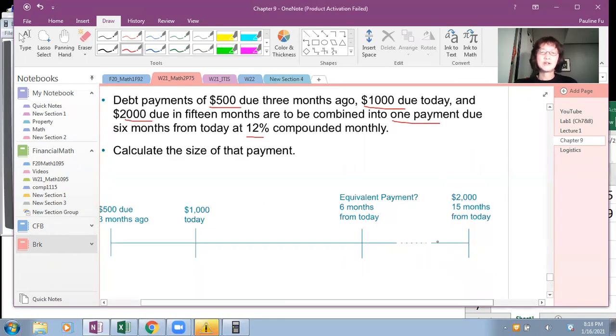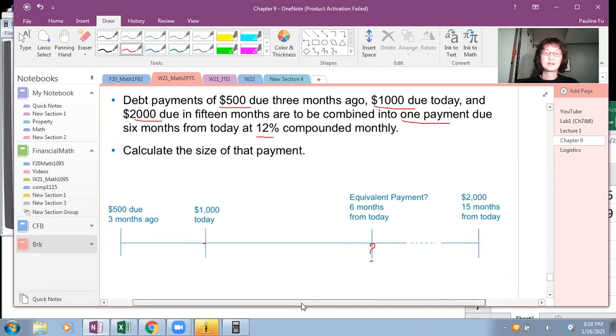The question is, what is the size of payment here? So this is today. 3 months ago, 500 is due. Today, 1,000 is due. 15 months from today, 2,000 is due. What is the equivalent payment 6 months from today? That is the question.